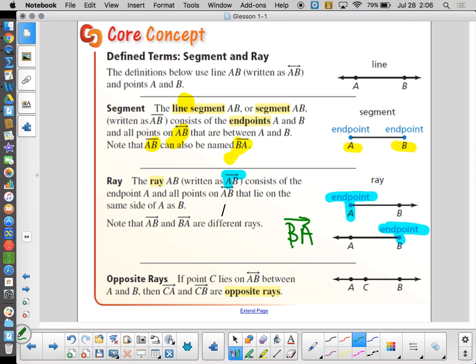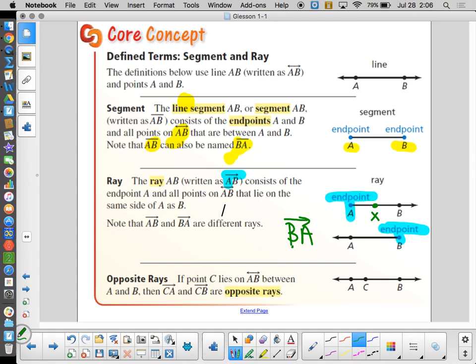Another thing important to notice about segments, just to go back to segments for a second before I forget, if there is a third point on the segment, as there often will be, call that X, we never use 3 points to name the segment. We only use 2. We only use the endpoints. Other points along the way really don't matter. Same with rays. If there's a third point somewhere on that ray, we still only use 2 points to name the ray.